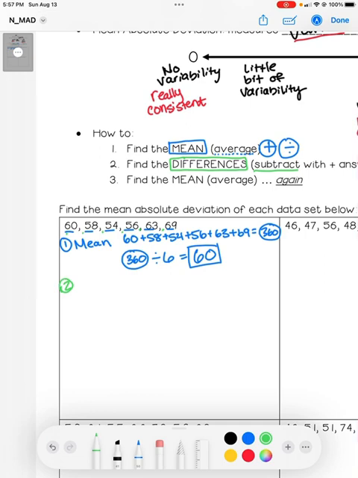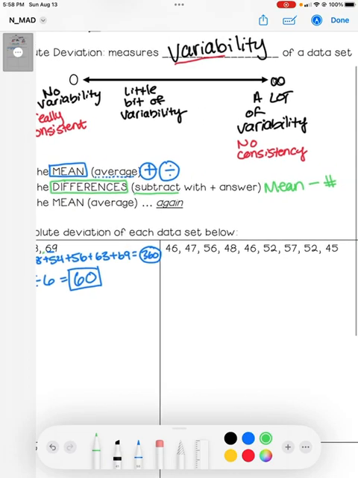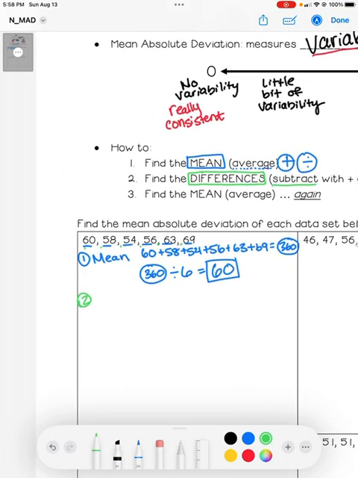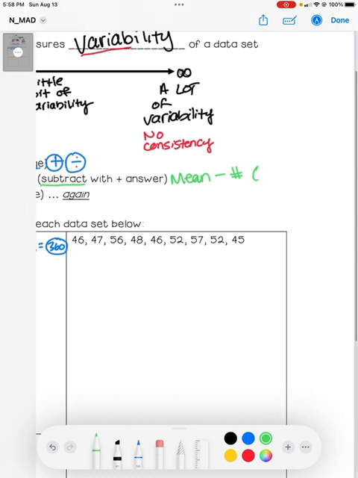If I asked you the difference between 1 and 5, you would say 4. But 1 minus 5 is negative 4. So when we say differences, remember we're asking for the positive value here. No matter what, we're going to have a positive value when we subtract, because we're not just finding a subtraction problem, we're really finding the distance between those two numbers.